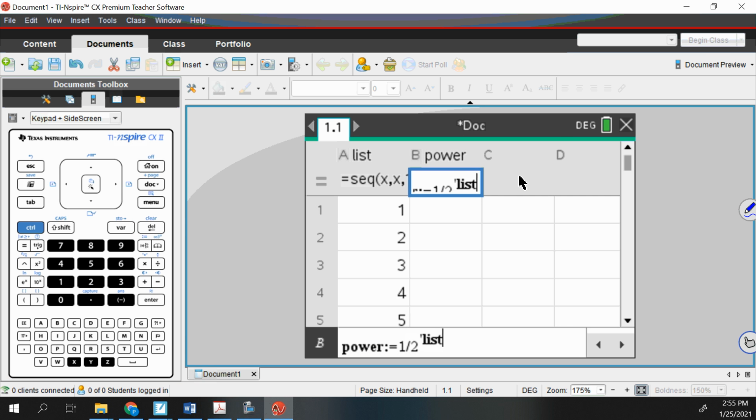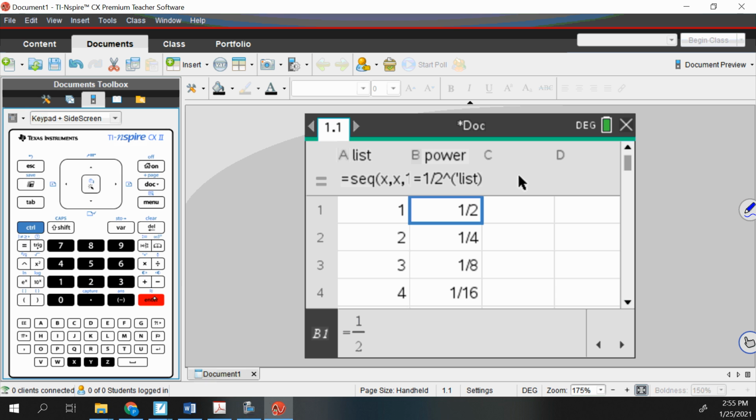So you can write out LAST, or if you do variable, which is above the 9, and select list, that's probably the easiest way to do it. So do 1 over 2 raised to, and only the 2 is getting raised to, and do variable, which is above the 9, and then list, and then that'll fill that all in.